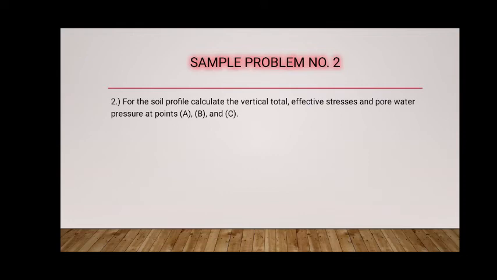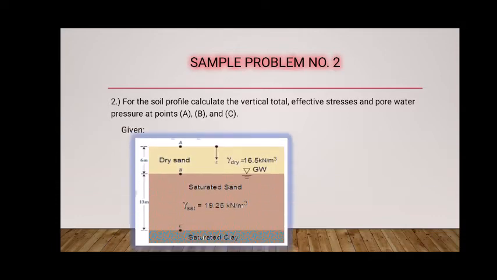For sample problem number 2, for the soil profile, calculate the vertical total and effective stresses and pore water pressure at points A, B, and C. For our given, as you can see in the figure, we also have points A, B, and C. At point A, we have the dry sand. At point B, we have the saturated sand.